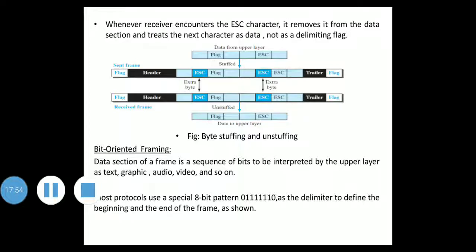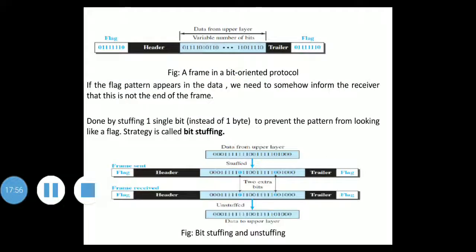This figure shows the bit stuffing at the sender and bit removal at the receiver. Note that even if we have a 0 after 5 ones, we still stuff a 0. This 0 will be removed by the receiver.